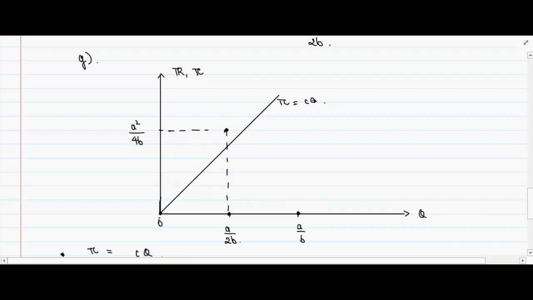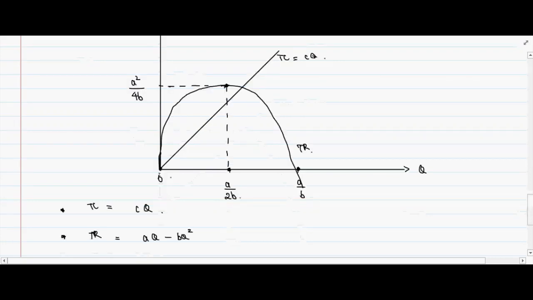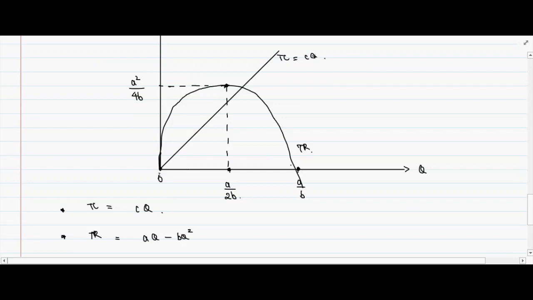Okay, sorry, so that is just going to be like this. Okay, so this is my total revenue curve. Sorry, it's not very nice, but generally that's the shape of the total revenue. So it's concave going through these 2 points on the horizontal axis, and maximum at this point. Okay, so this is the QM, and this is the Q1.